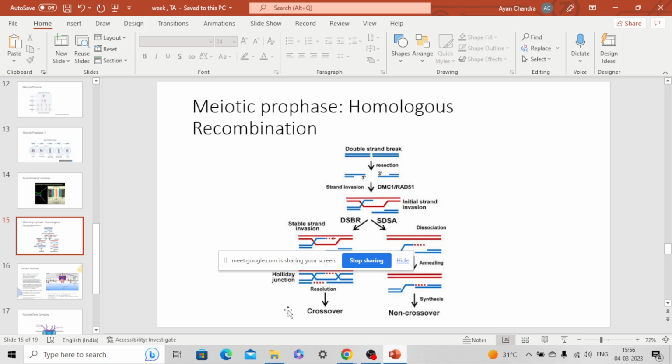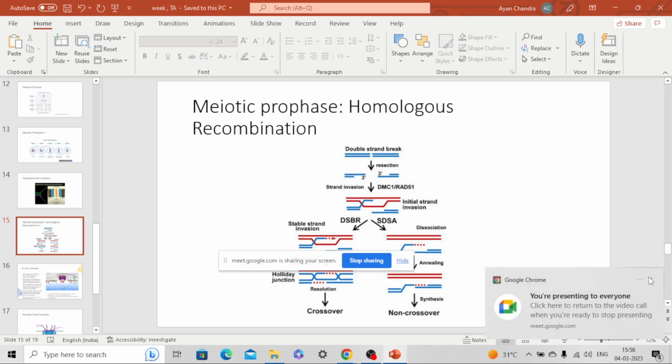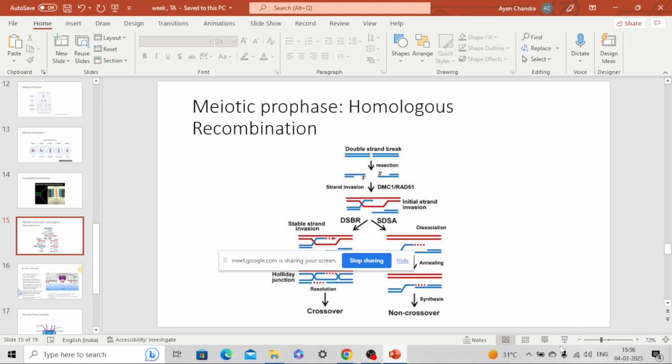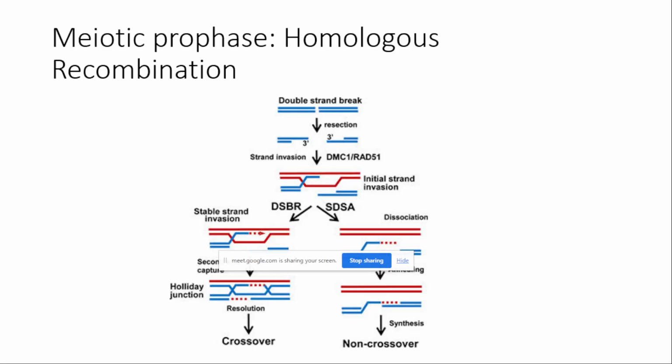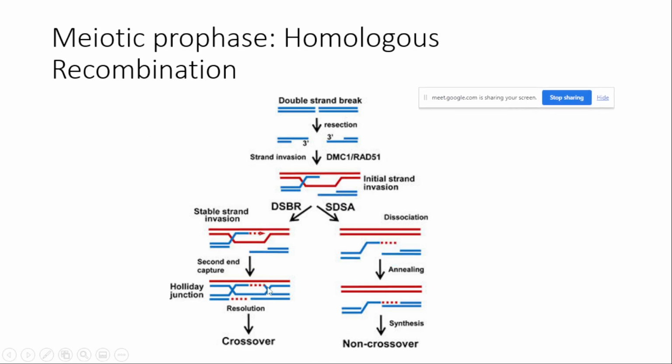Yeah, so now did you get how the meiosis homologous recombination is different from the DNA repair homologous recombination? Did you catch the spot where the difference lies? This is somewhat tricky, right?